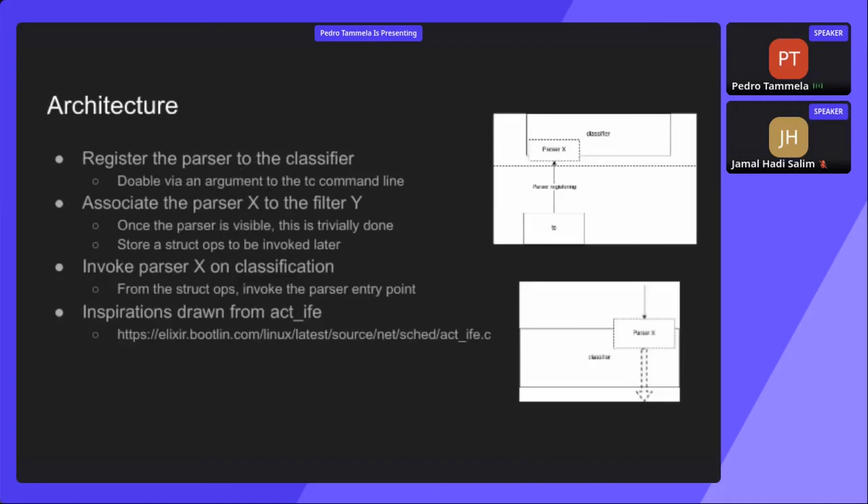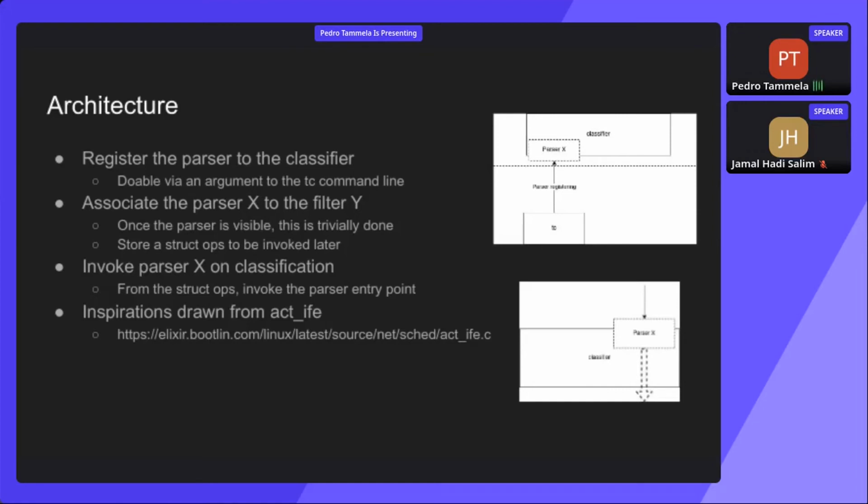Yeah, that image is not exactly that great, but the architecture borrows a lot from the IFE action. The idea is to have a way to register this parser via TC. It's pretty easy to do via the command line. Once you get that parser visible to the classifier, we then associate it to a filter as the user registers those filters.